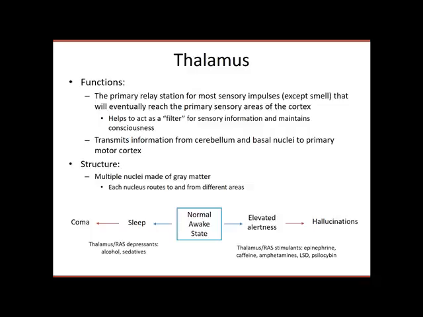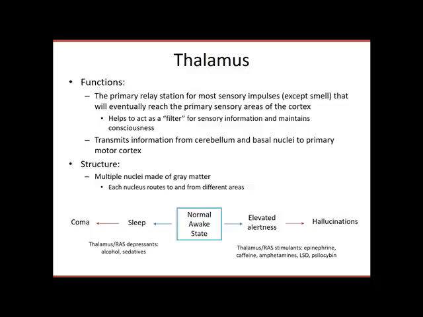Alright. These last two, LSD and psilocybin, they do act on the thalamus, but not in the same way as epinephrine, caffeine, or amphetamines. LSD and psilocybin, we don't really know what they do. I mean, obviously the study of them has been restricted, but we think that they allow for increased cortical activity and increased sensory input through the thalamus.